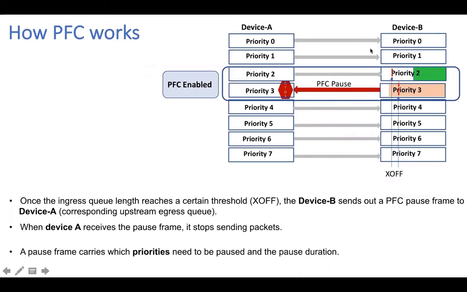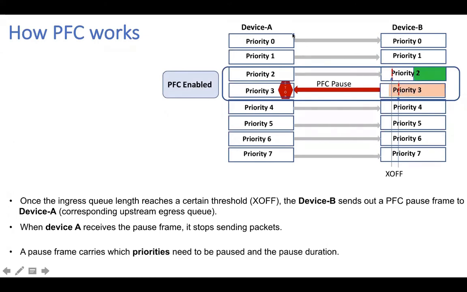Let's assume that RxQ on device B becomes congested or reaches a certain threshold for a particular priority. Then device B will send a PFC pause frame to device A and request a short pause in data transmission for a particular CoS value.